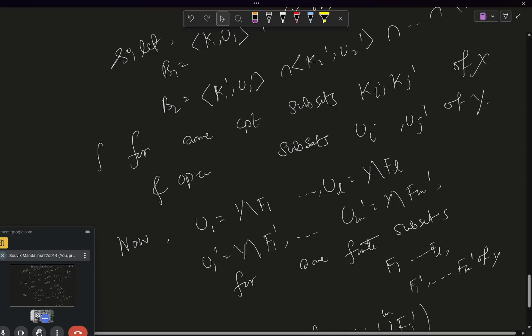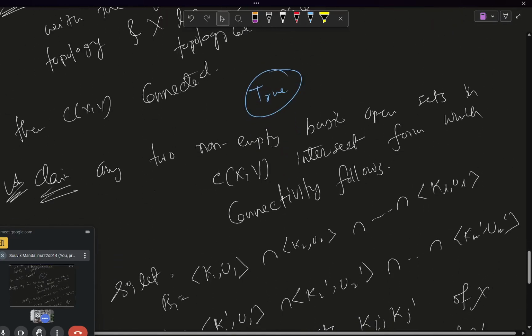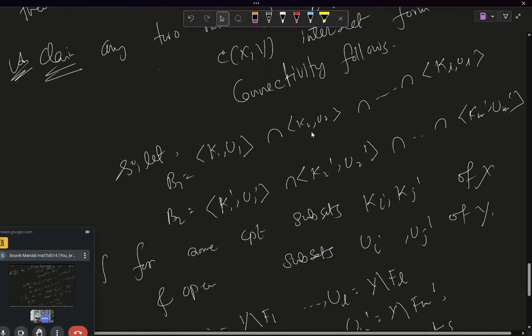So the solution goes as follows. We need a candidate for a basic non-open set intersection.